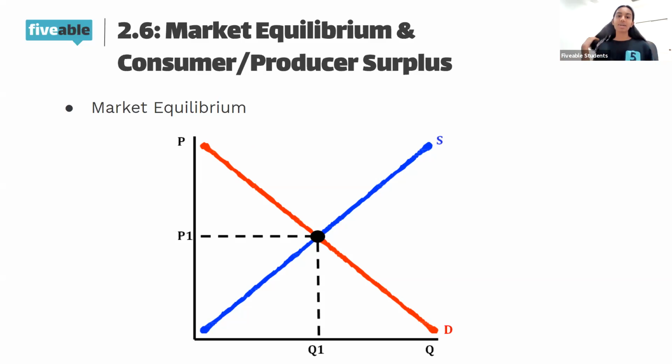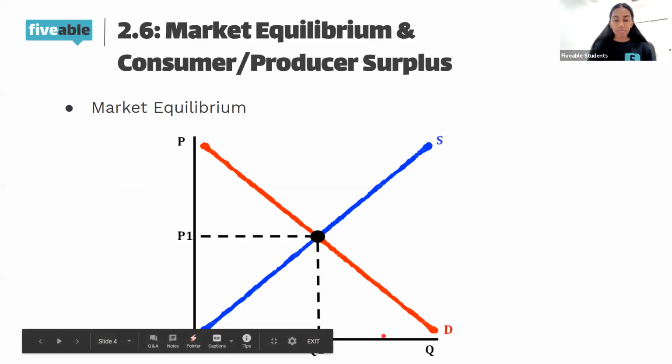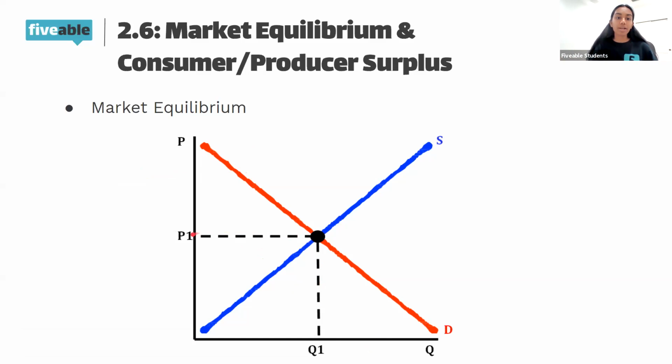Market equilibrium is where supply and demand meet. That would be this point right here. At market equilibrium, the quantity is Q1, at least on this graph, and the price is P1.